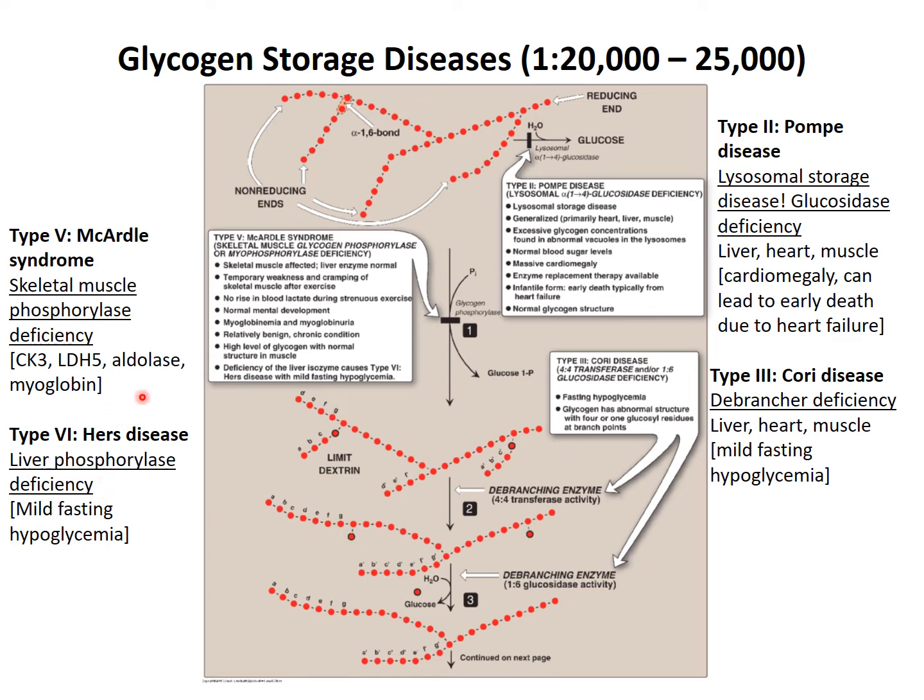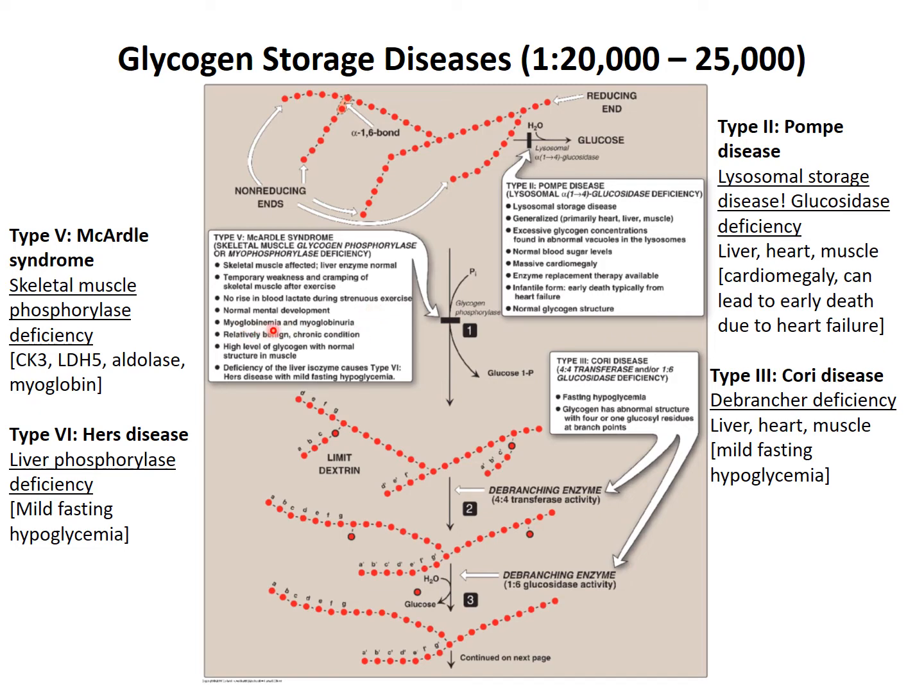So the consequences are the same. If there is no phosphorylase, we cannot liberate energy from glycogen stored glucose. So that's the problem, because this particular quick energy source is not available. So cramping of the skeletal muscle, even skeletal muscle damage can happen.